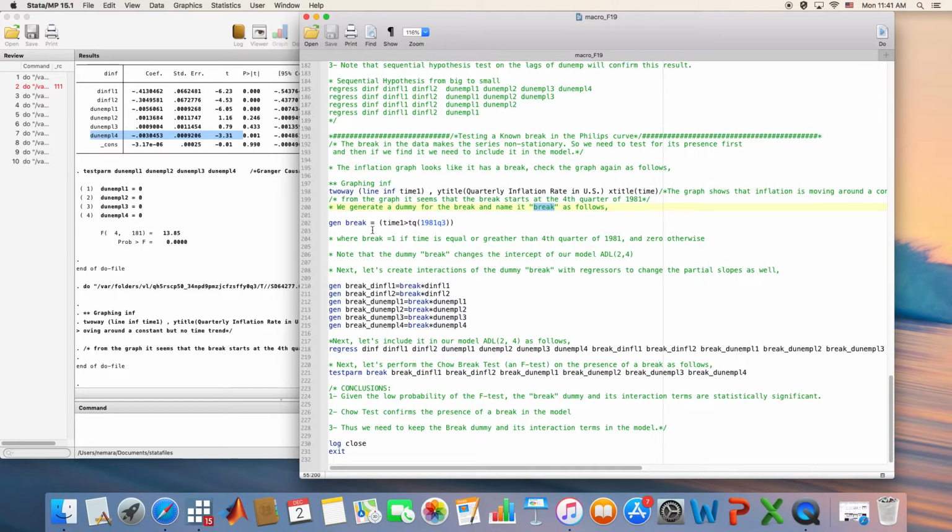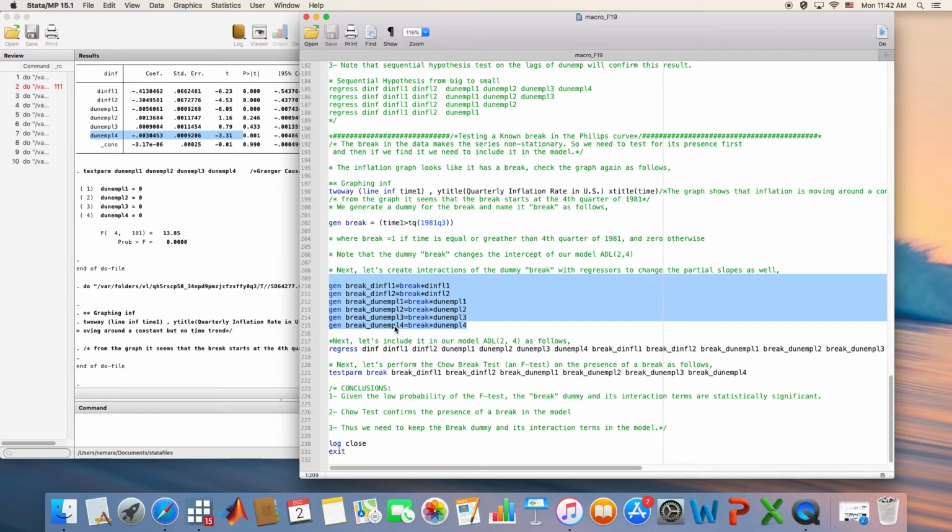Okay. And if I include a dummy, it would only affect the intercept of the model ADL2Q. However, to be complete, to change the whole regression, we also need to add interaction terms to change the slopes as well. So we also create interaction terms between each and every x in the model. I have a model that has 2 lags of the first difference in inflation and 4 lags of the first difference of unemployment.